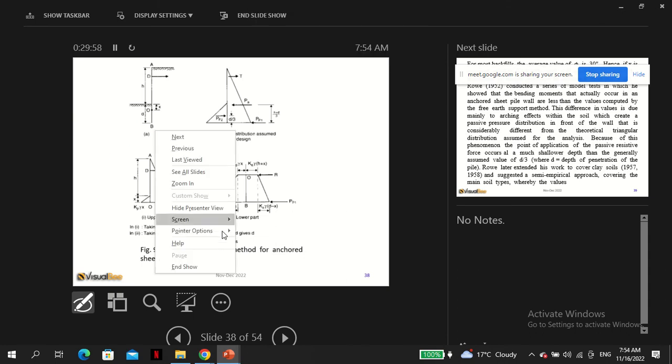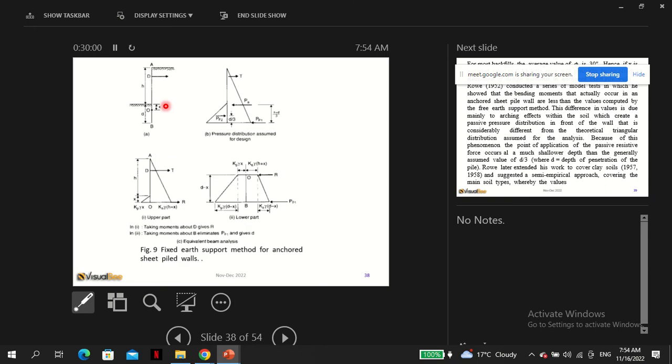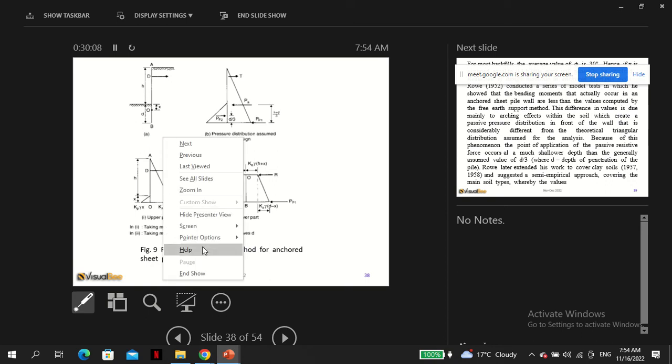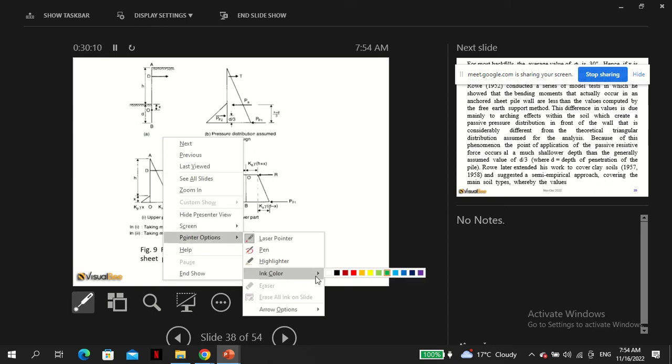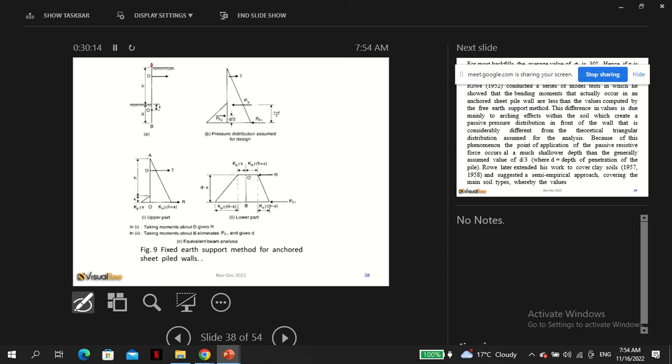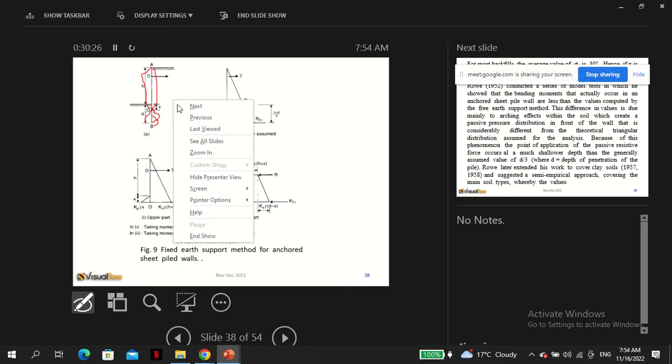Based on different assumptions, you can have different values of x from point O. Sorry, I just realized that the point of contraflexure is here, because that's where the pile can rotate.